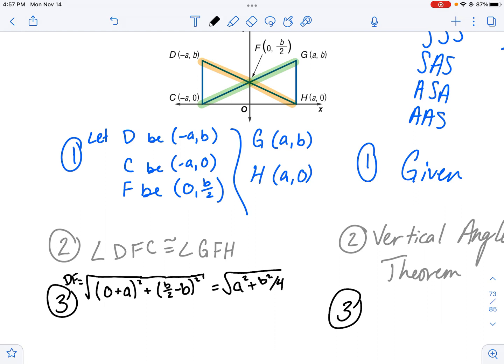Well, I want DF to be congruent to HF. So hopefully I can prove that HF has the same length. H to F, that'd be A minus 0, squared, plus 0 minus B over 2, squared.